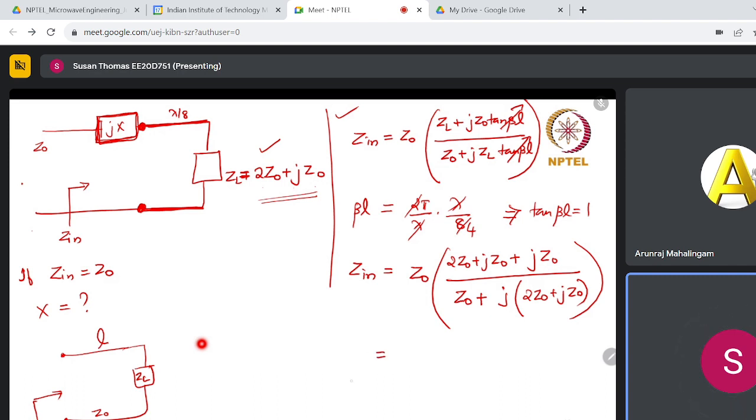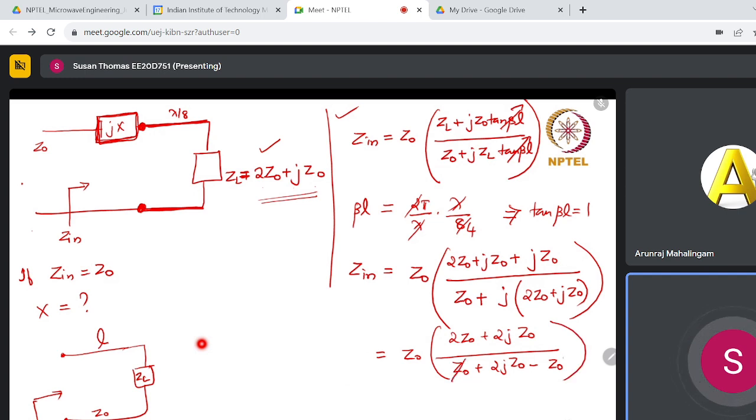Now simplify: Z0 into 2Z0 plus 2JZ0, divided by Z0 plus 2JZ0 minus Z0. Z0 and Z0 will cancel, 2 will cancel, and Z0 will also cancel. The final answer will be Z0 into 1 plus J divided by J.